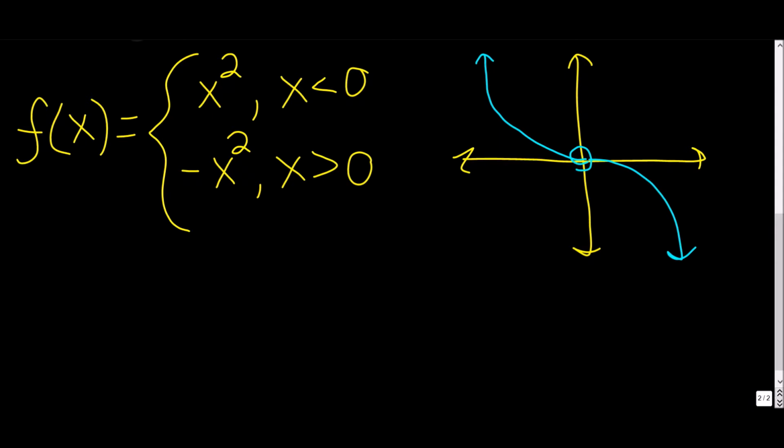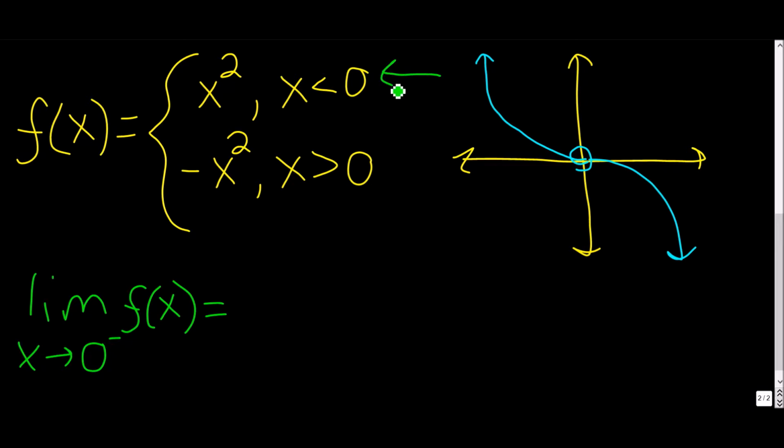Now, first thing we could say is the limit as x approaches 0 from the left of f of x. This is what does our function look like it's going to before it's 0. So we're looking at this part here. It looks like we're going to 0. Right? That's good.